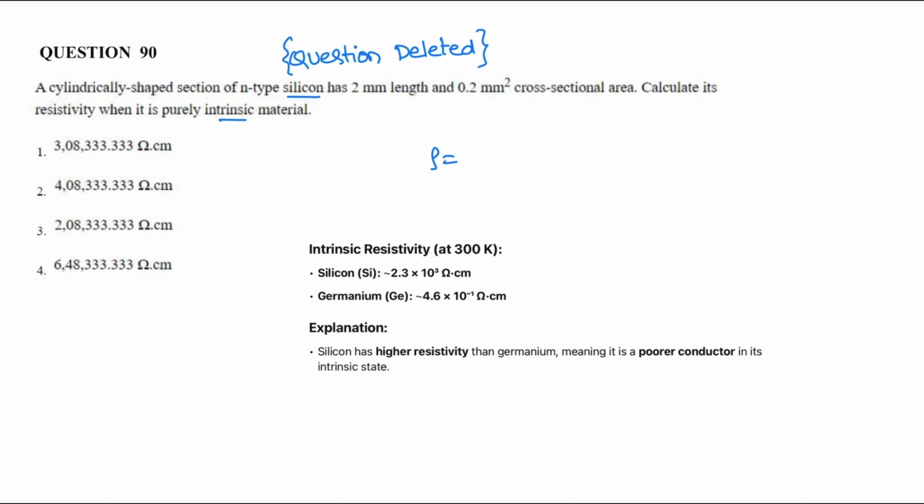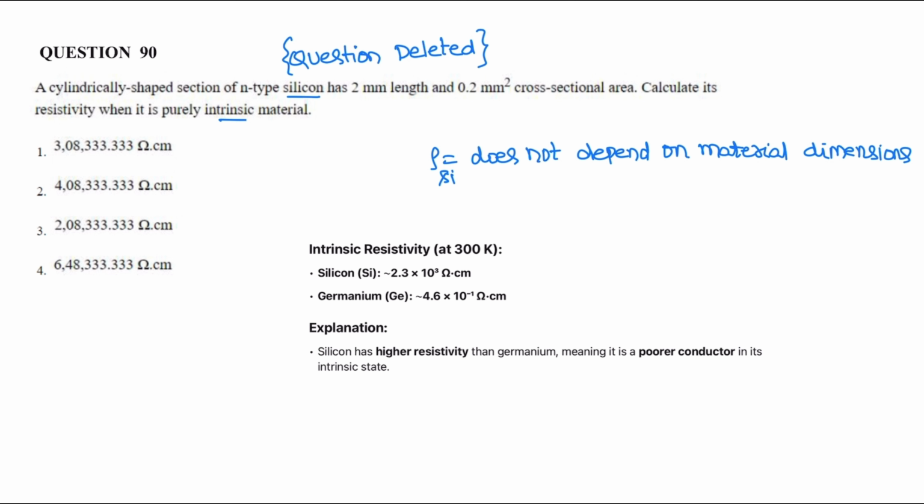Intrinsic resistivity for pure silicon does not depend on material dimensions. So its value is 2.3 into 10 cube ohm meter. No correct option. And for germanium it is 4.6 into 10 power minus 1 ohm centimeter.